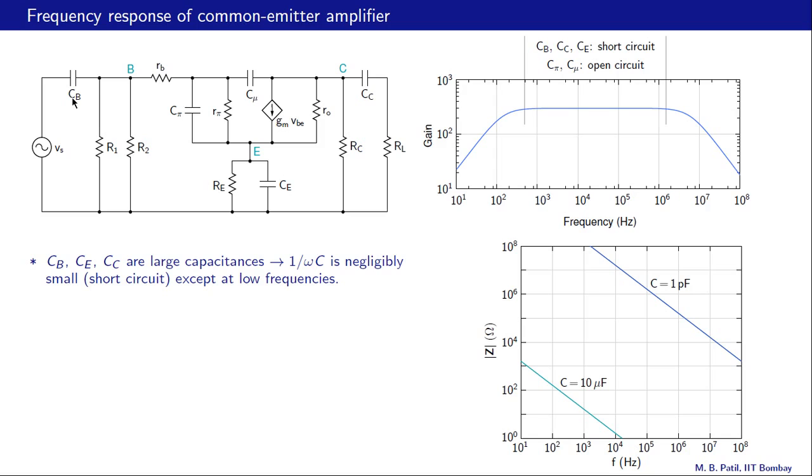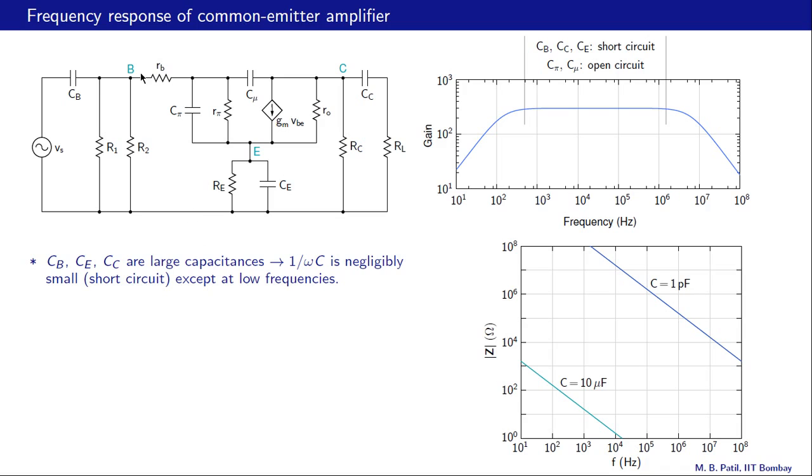CB. In this range, when the frequency is high enough, CB is like a short circuit, and therefore this Vs appears across the amplifier as such. Now when the frequency is low, for example 100 hertz or 10 hertz, the impedance presented by CB may be in the kilo ohms range.